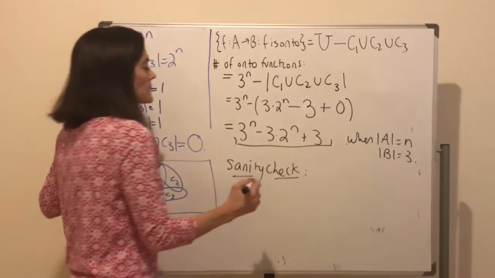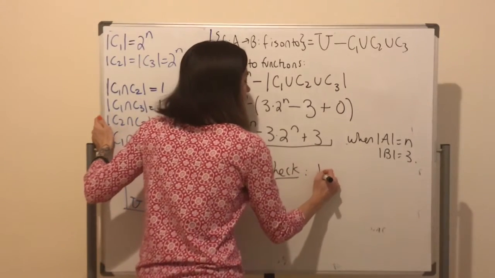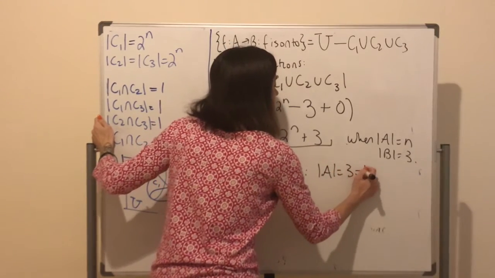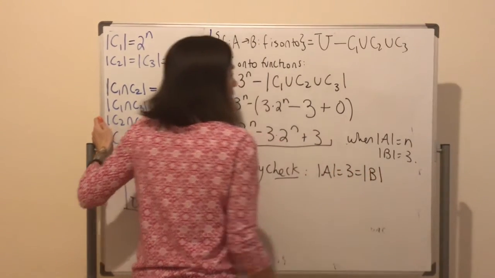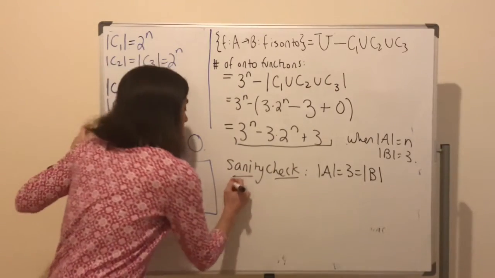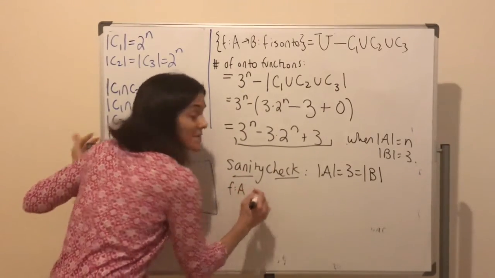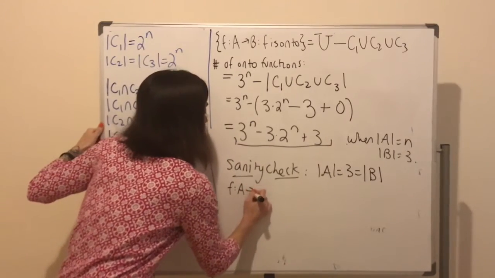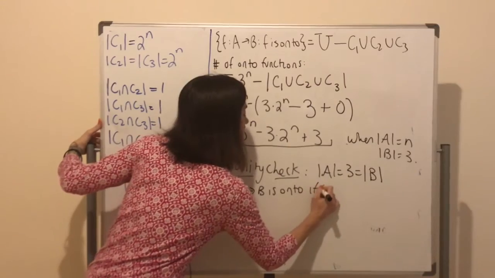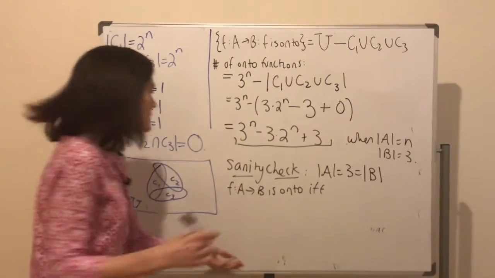So let's just consider when n is 3. In this case, a function from A to B, they have the same cardinality. This is going to be onto if and only if it's 1 to 1.